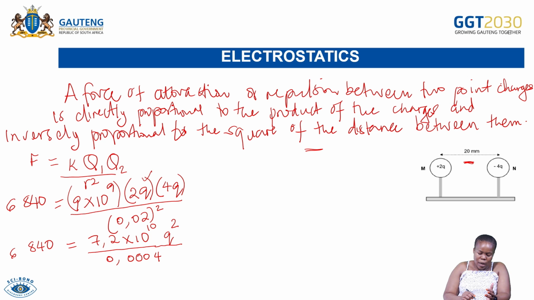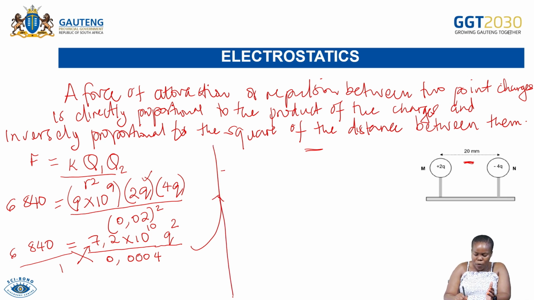All right, and then cross multiply. That means when you are cross multiplying, you are multiplying 1 times that value. Okay, I'm just going to write it here so that it is visible enough.